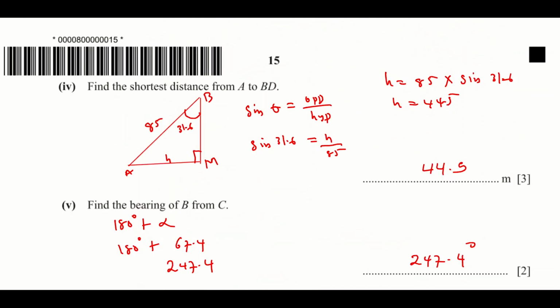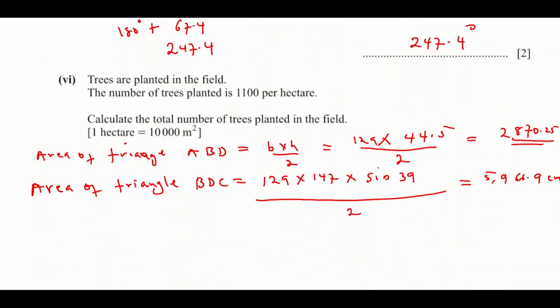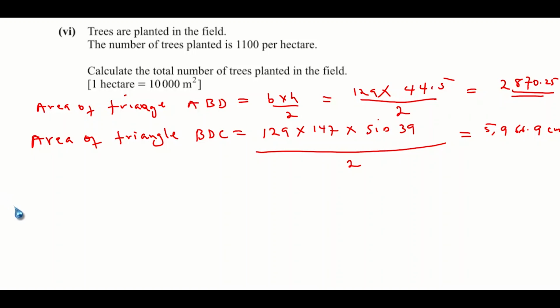That will be the area of everything, and it will be the addition of these two. So the area covered by the field will be equal to the addition of these two.